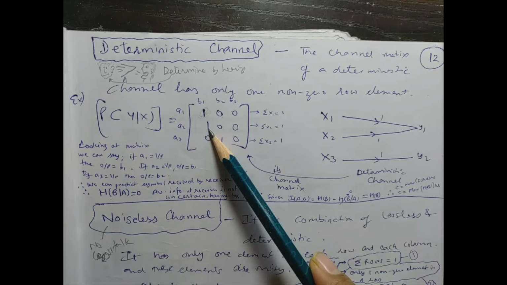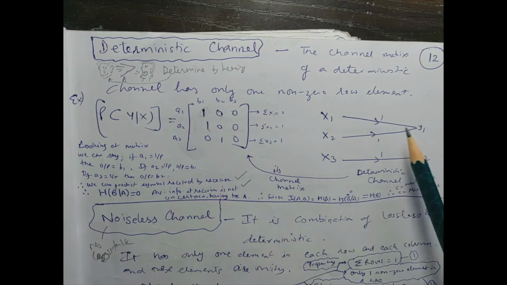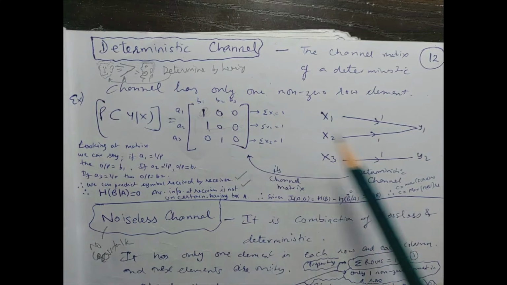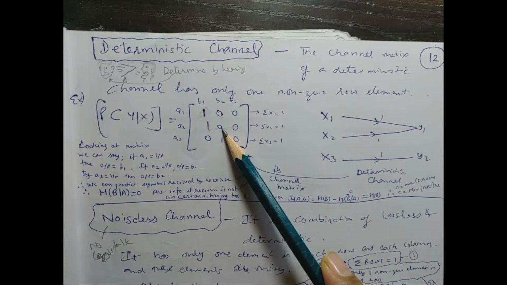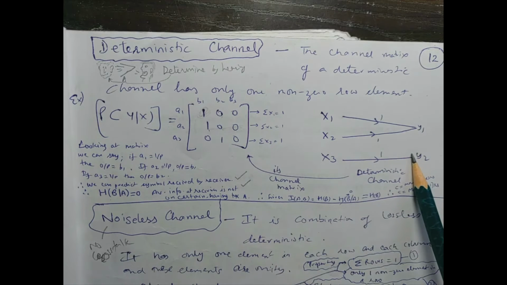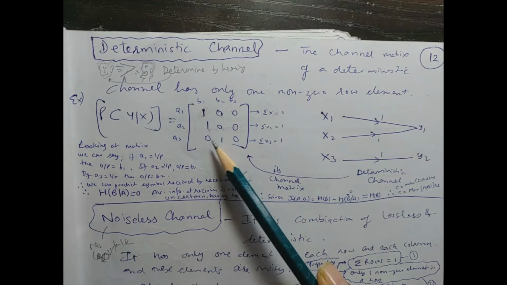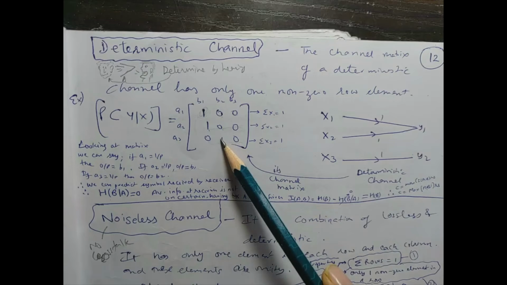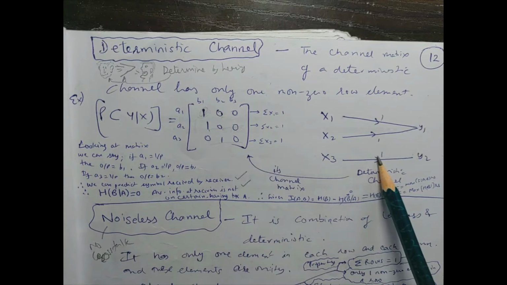This row is for x2: probability of y1 due to x2 is 1. Probability of y2 due to x2 is 0, y3 due to x2 is 0. For x3, among y1, y2, y3 it is only y2 for x3, so that's 1.